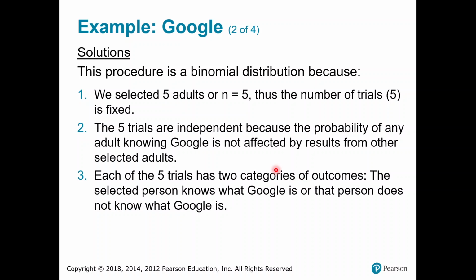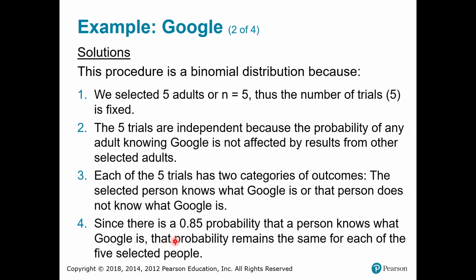Third, each person either knows or doesn't know what Google is, and so we have 2 outcomes. And fourth, the probability of 0.85 remains the same for each person. And so we have a binomial distribution.